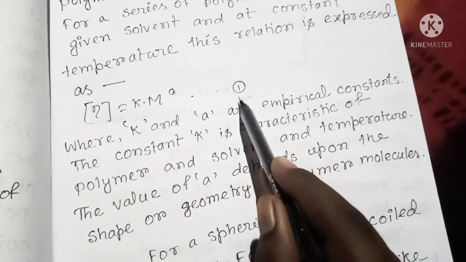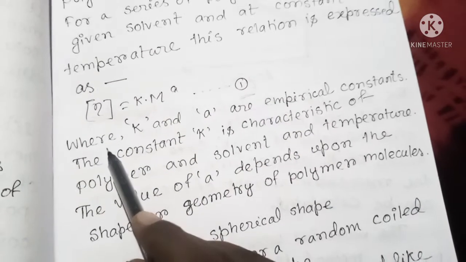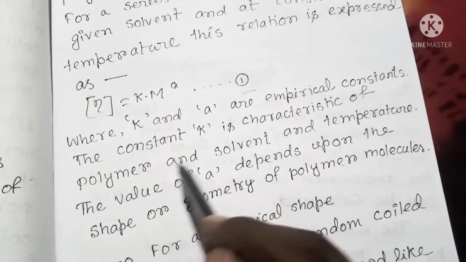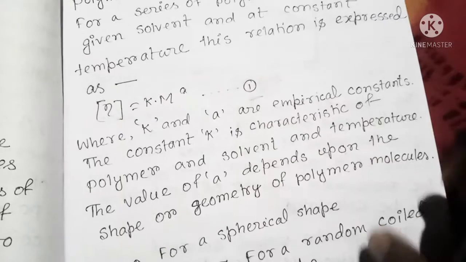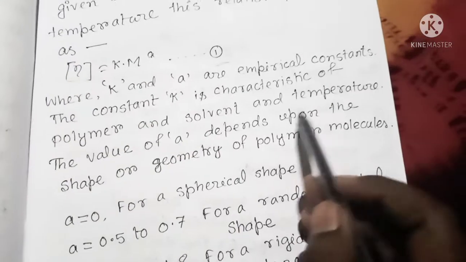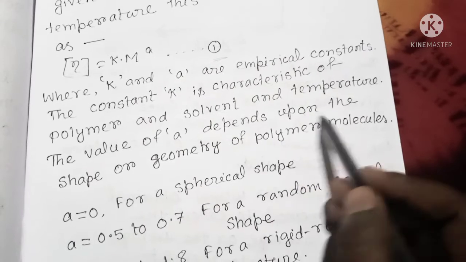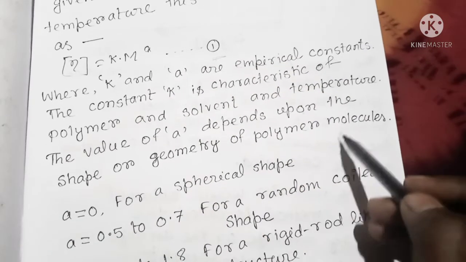This is known as equation 1, where K and a are empirical constants. The constant K is characteristic of polymer, solvent and temperature. The value of a depends upon the shape or geometry of polymer molecules.